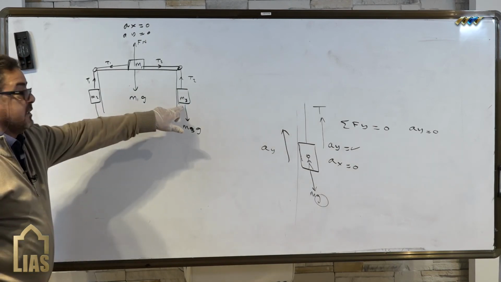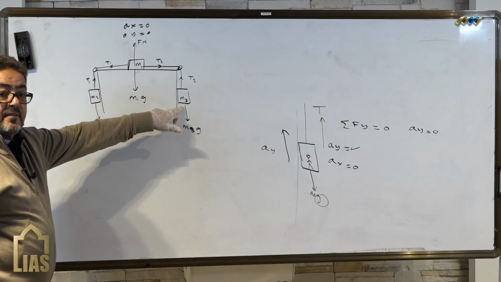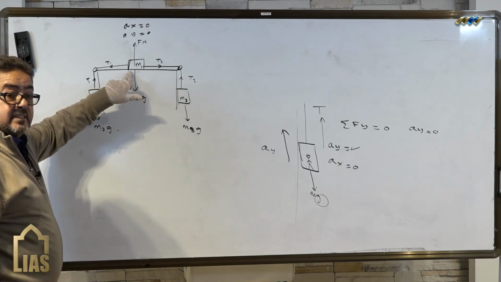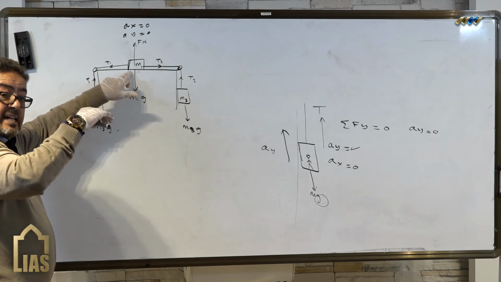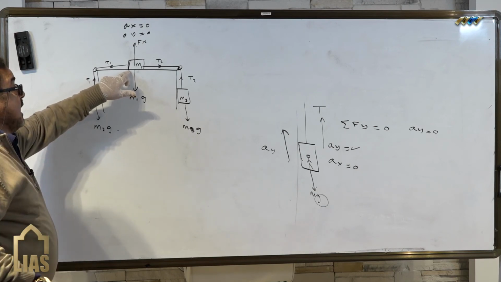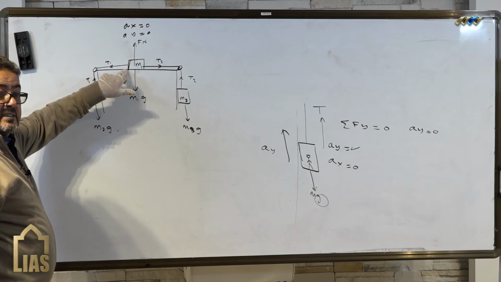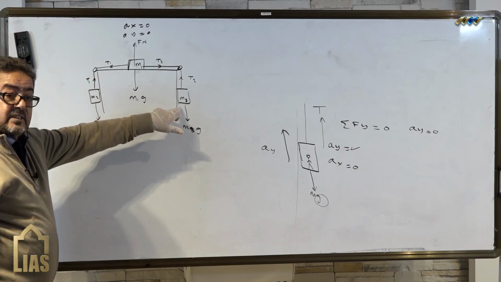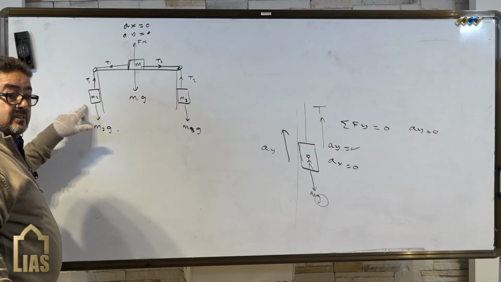And these two masses, we don't have Fn, because Fn is dealing with the surface on which the mass is standing on. Okay? And we have only this surface. This mass is standing on this surface. There is no surface here to stand on.